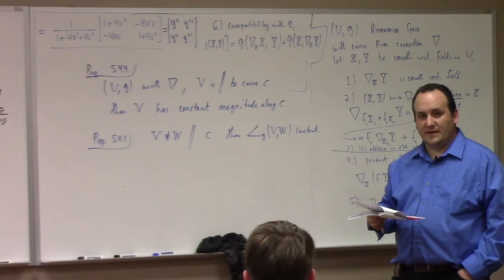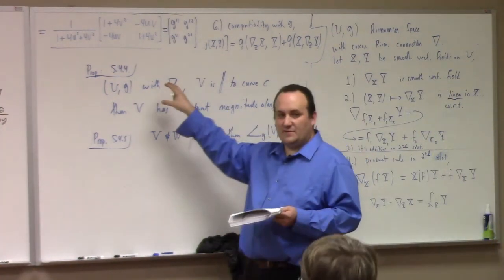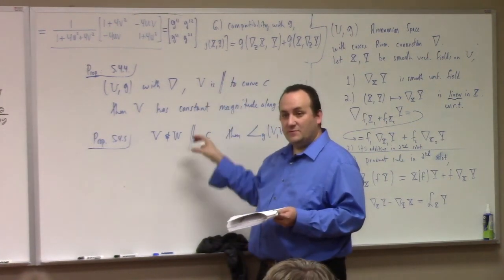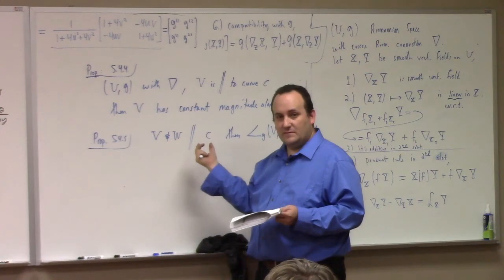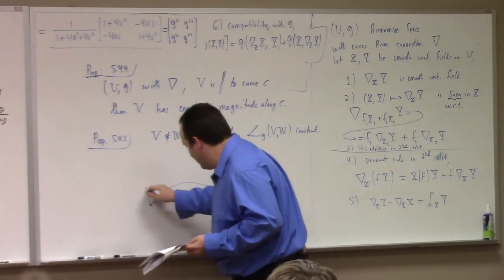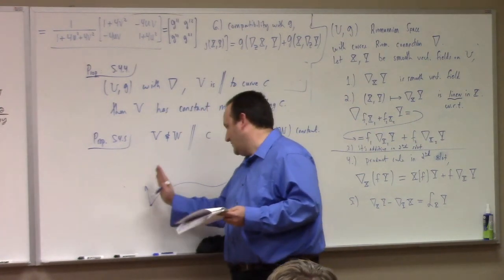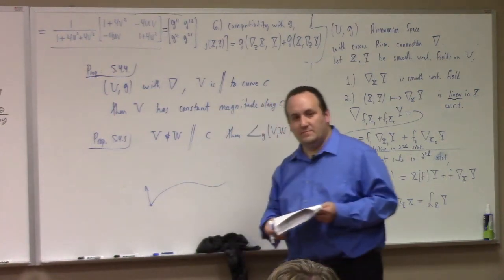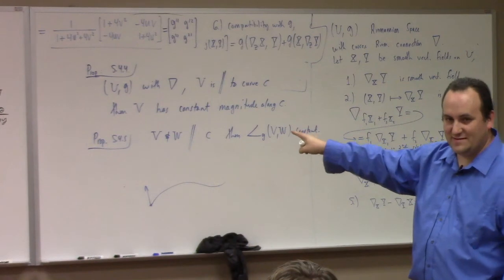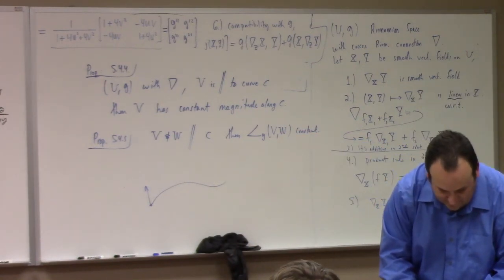So this basically says that if you've got a constant vector field along the curve, it has constant magnitude, and if you've got two of them, they have a fixed angle. Again, what that means is not obvious in weird metrics. What it means to parallel transport is not always intuitive.